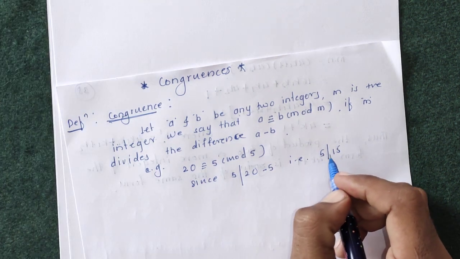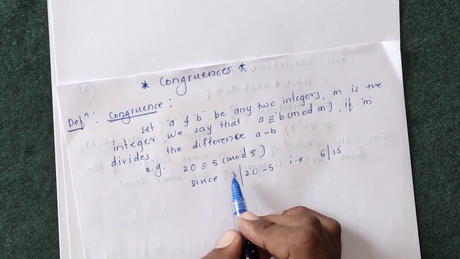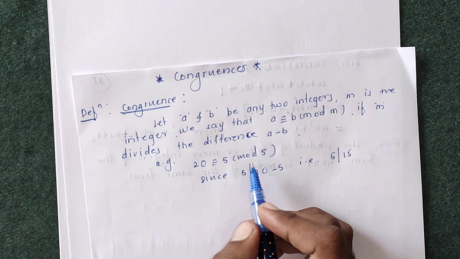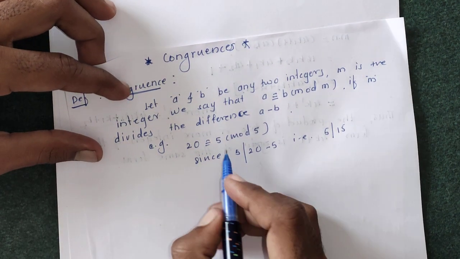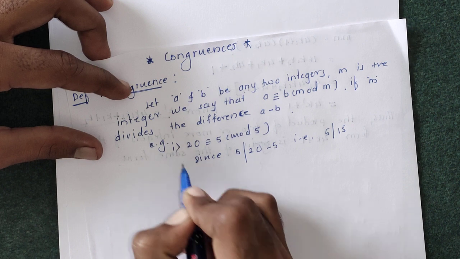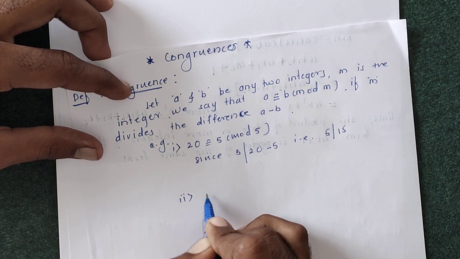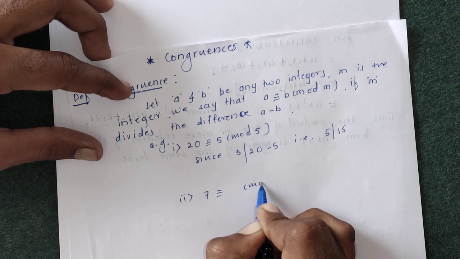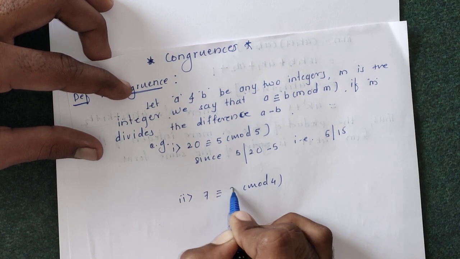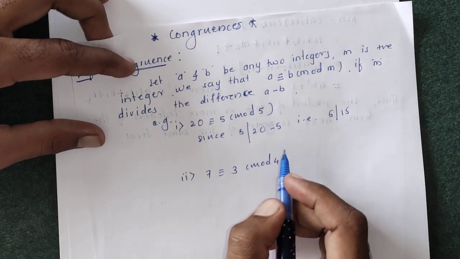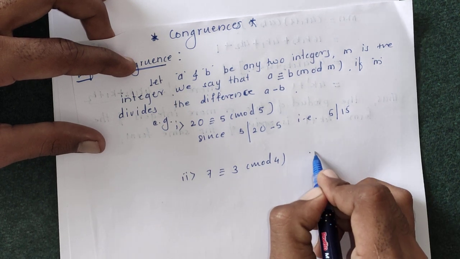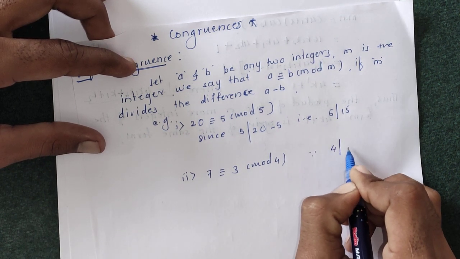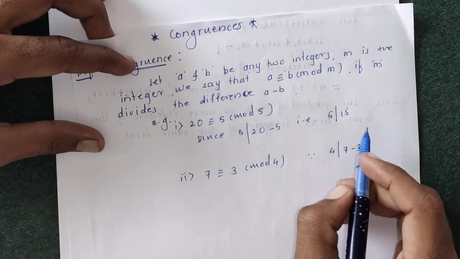Since m divides a minus b, we say that 20 is congruent to 5 modulo 15. Another example: under modulo 4, 7 is congruent to 3 mod 4, since 4 divides 7 minus 3.